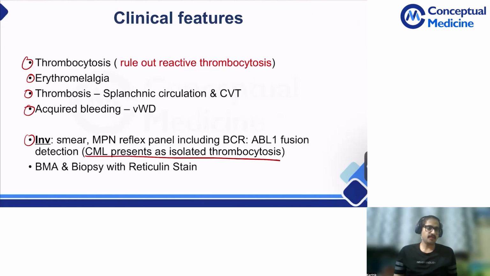In our country, we get at least 10 to 20% of patients of CML CP presenting with only isolated thrombocytosis. So to tell a patient has essential thrombocytosis, CML has to be ruled out. So apart from JAK2, CALR, MPL mutation, BCR-ABL has to be tested to exclude the possibility of CML in those patients.